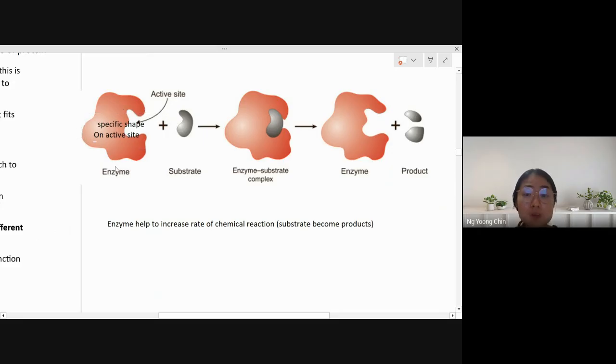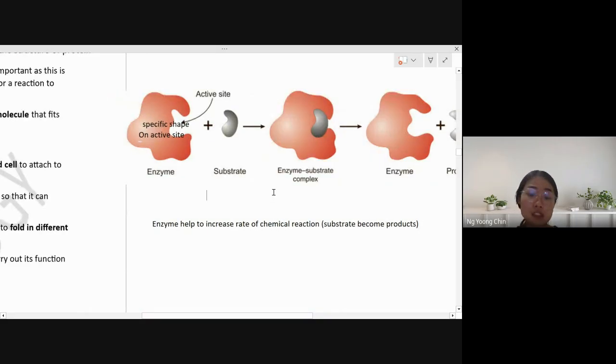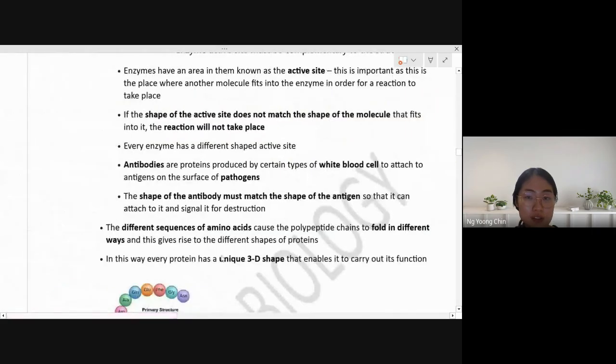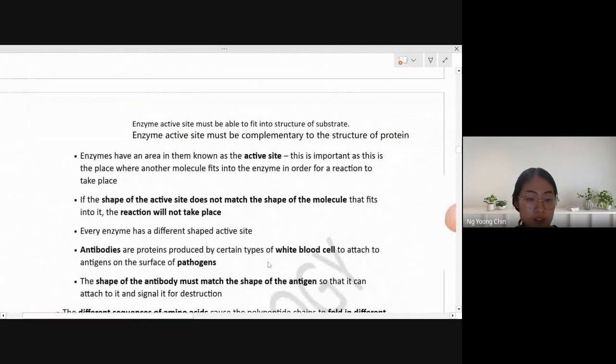So they are able to form the enzyme-substrate complex. Then the enzyme is able to perform its chemical reaction and change the substrate into the products. This is what we call an enzyme-catalyzed reaction.